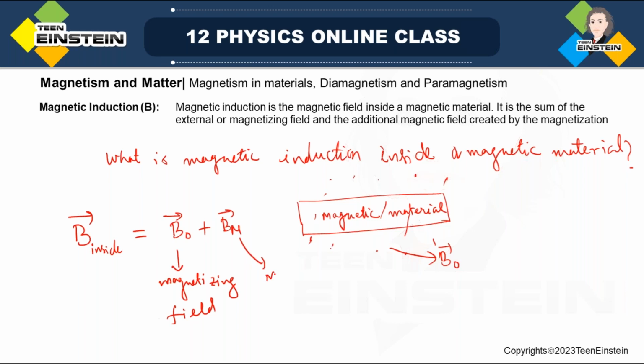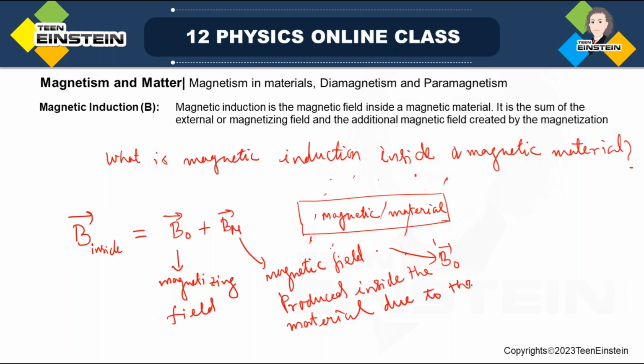This is the magnetic field produced inside the material due to the magnetization of the magnetic material.